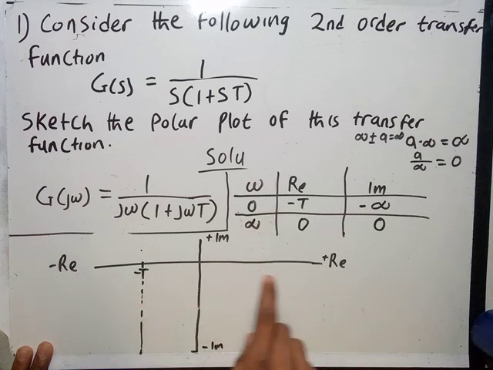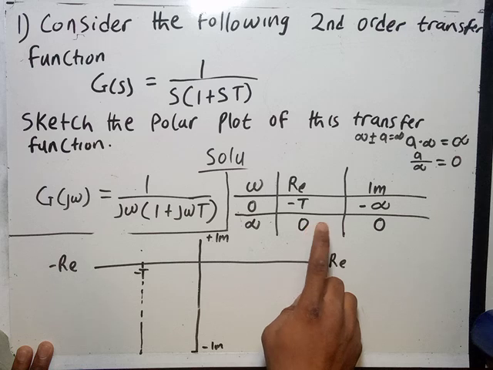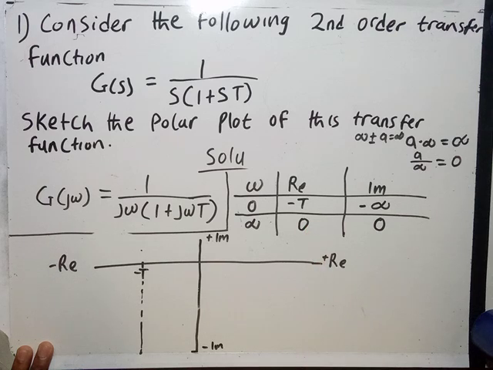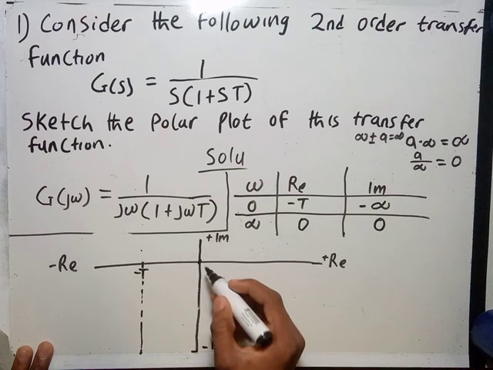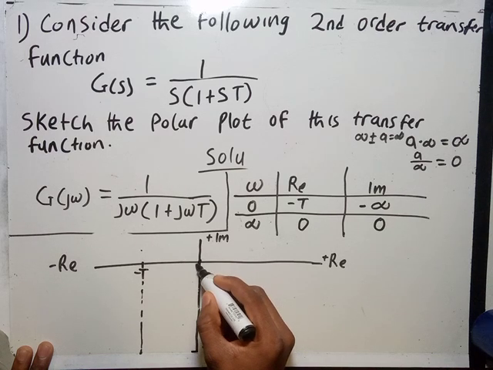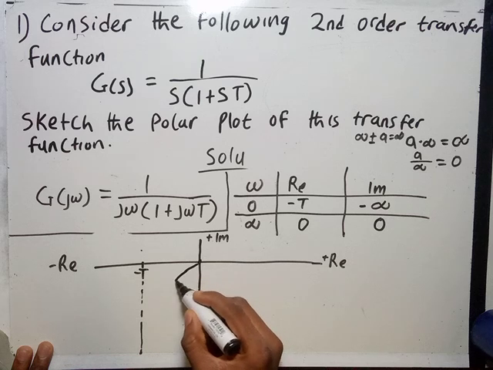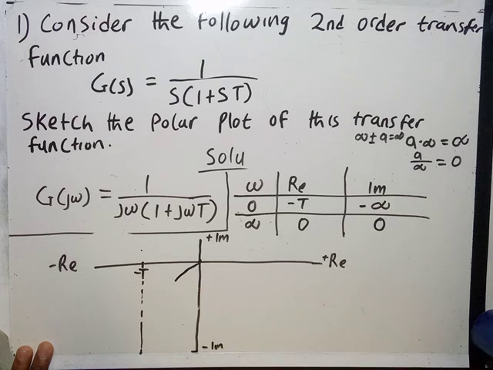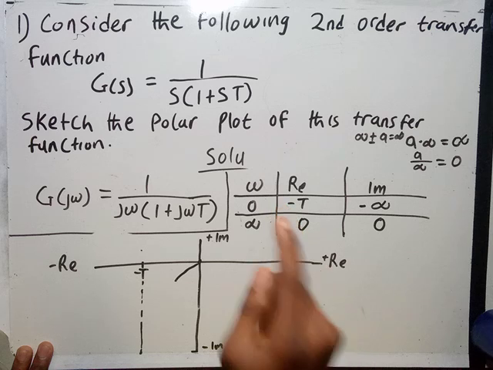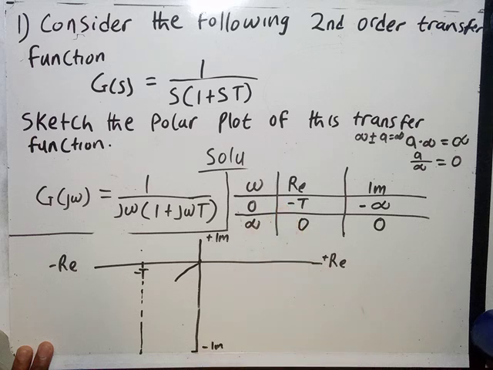Now for the second one, our real number is 0, and our imaginary number is 0. So at the end of the day, your graph will look something like this. Remember, W starts from 0 to infinity; that is how our graph normally moves.